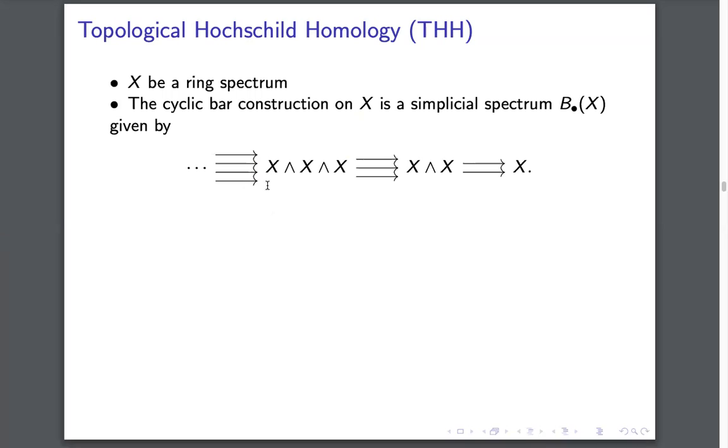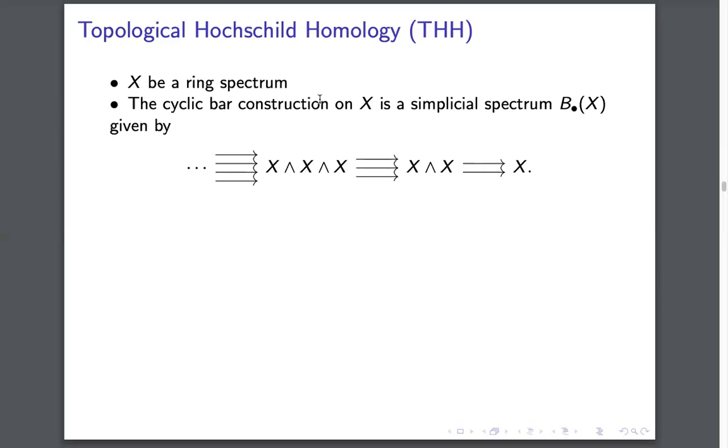You get these x smash powers. The face maps are given in this way. The first face map here, for example, would be given by multiplying these two, and then the second face map would be given by multiplying these two.